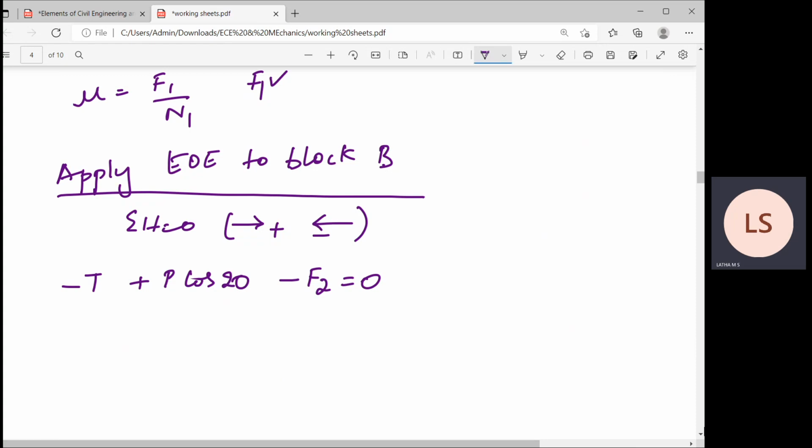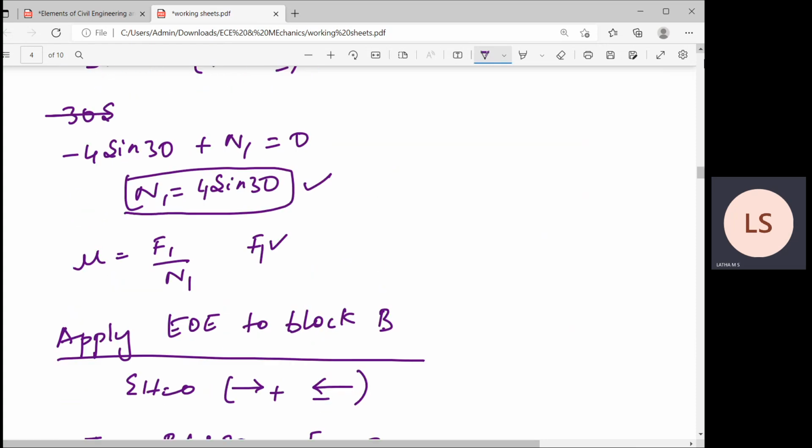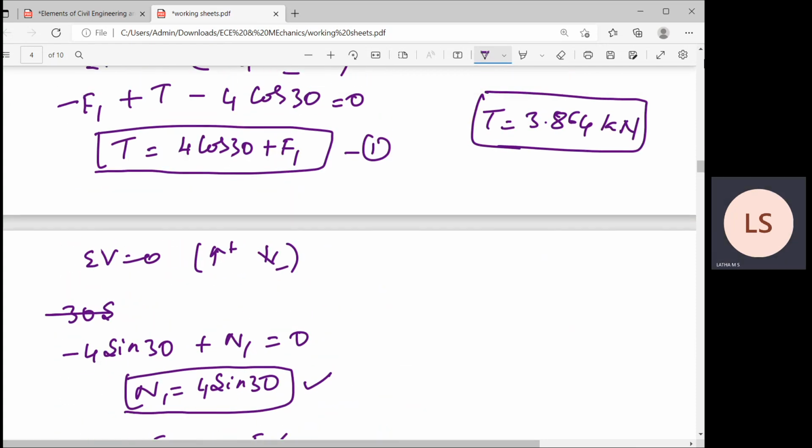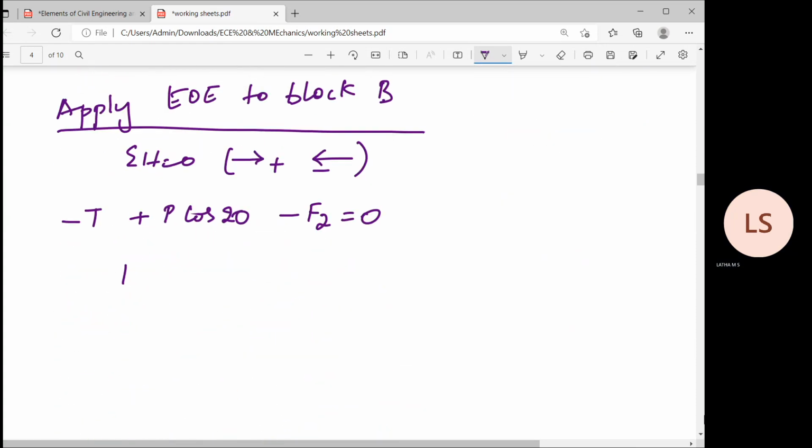I have the value of T, so I can substitute it. What is the value of T I have? 3.864. So our F2 is equal to minus T plus P cos 20.